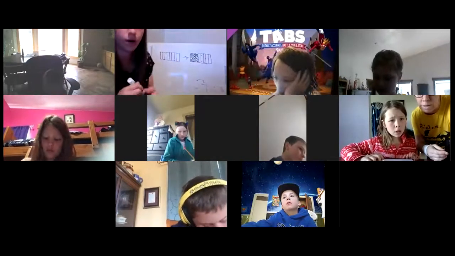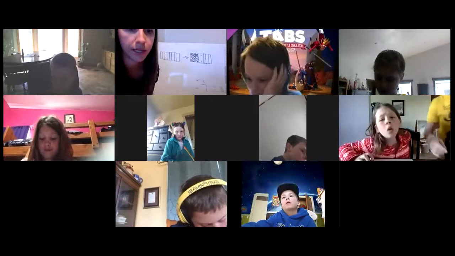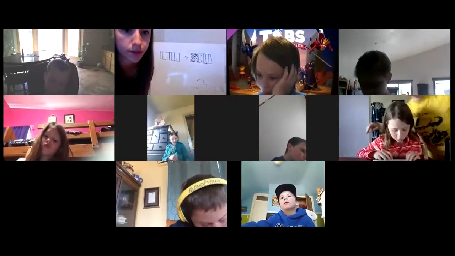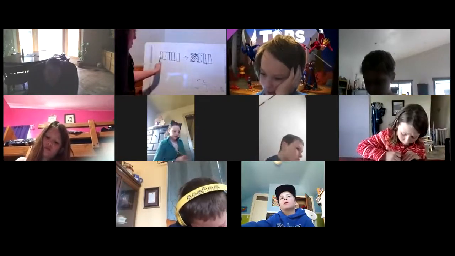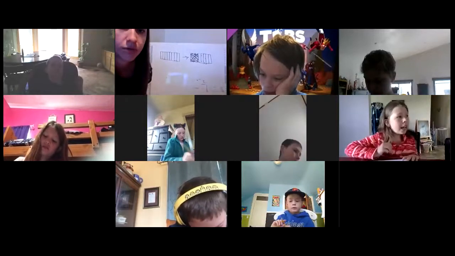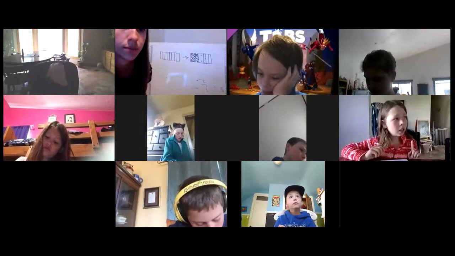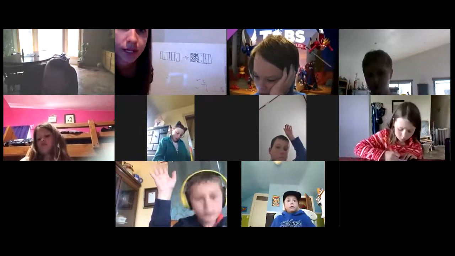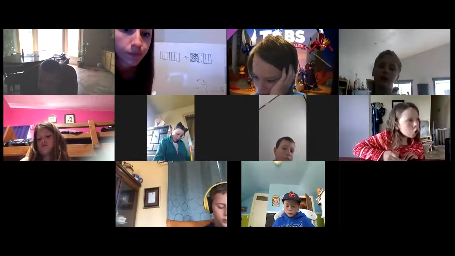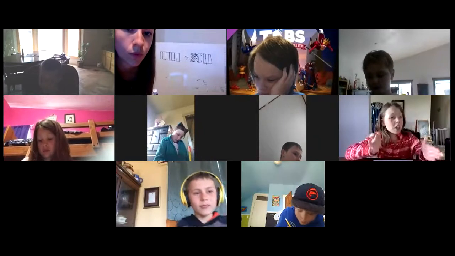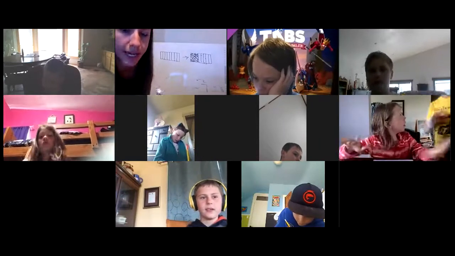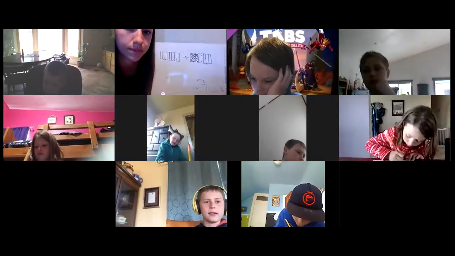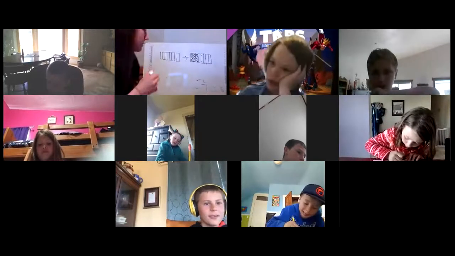All right, so now our fraction bar is divided into 8 equal parts. So each part is worth how many? What would the fraction for each part be? Go ahead, Owen. 1 over 8. Good. So we'd say that as 1/8. Very good. Okay.